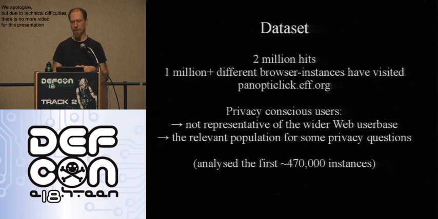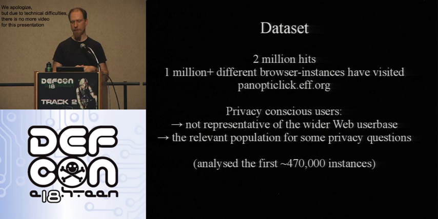So we got a pretty big data set. We had 2 million hits, about 1 million distinct browser instances there. The people that we were measuring are not representative of the entire web user base. They're people who read Slashdot or Boing Boing or come to the EFF site. And so they're more of a data set of people who know about and care about privacy.